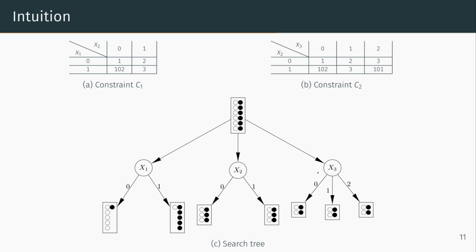But for x2 and x3, because each rectangle below these two variables is evenly spread, we would not have much information. That's why x1 is the most preferred as the first variable to assign.